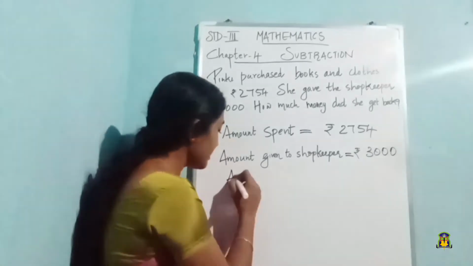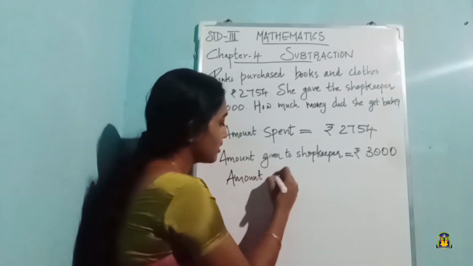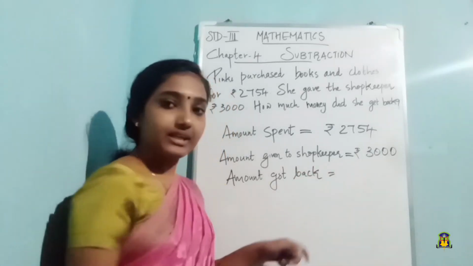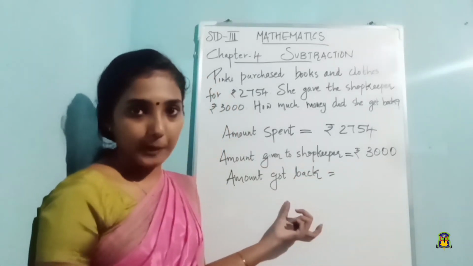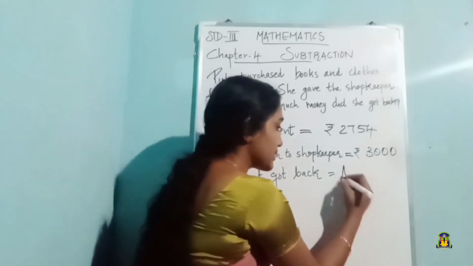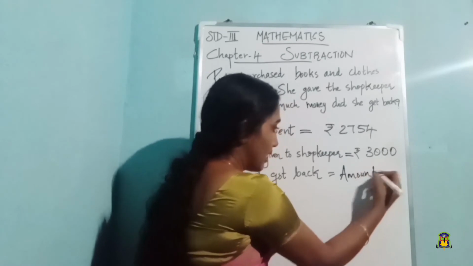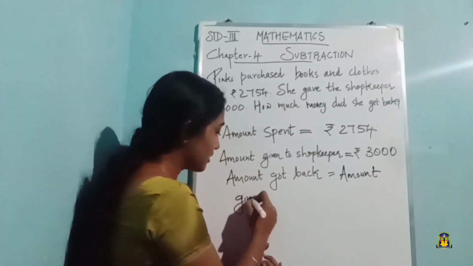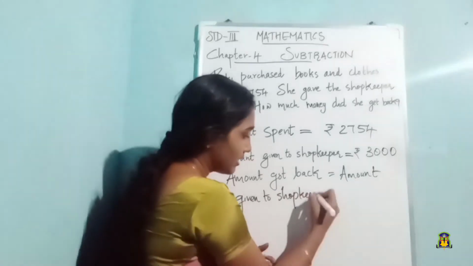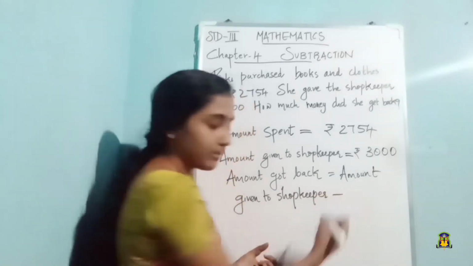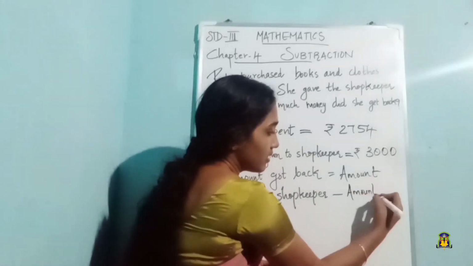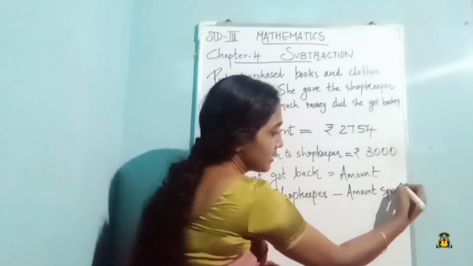So amount Pinky got back, we have to find how much amount she has got back, and it is equal to amount given to the shopkeeper minus amount she spent.